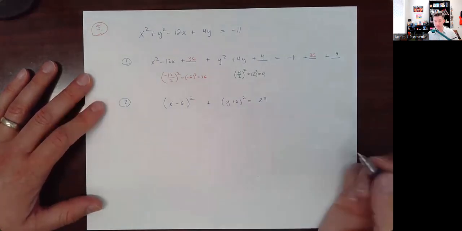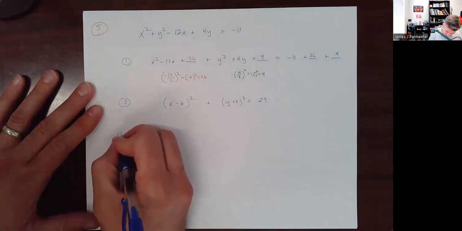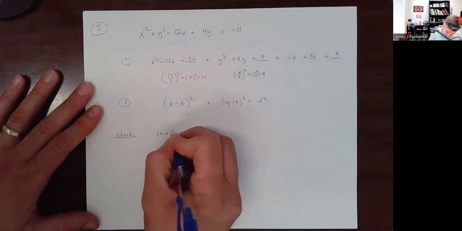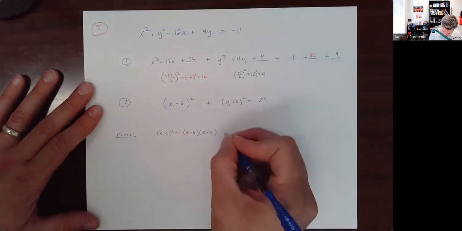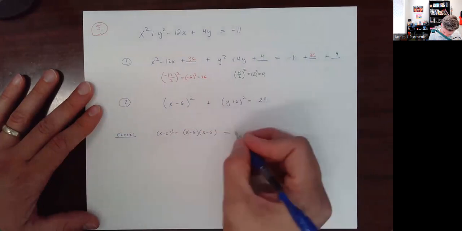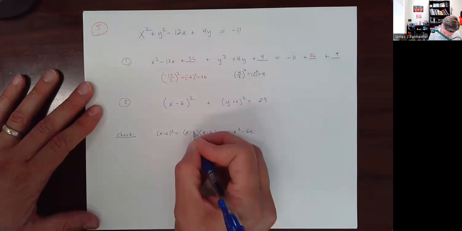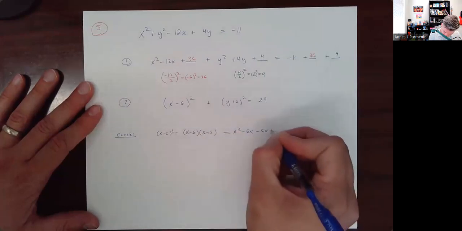Just in case you're not sure, a quick check before we say what the center is. x minus 6 squared is x minus 6 times x minus 6. If we FOIL that out, x times x is x squared, x times negative 6 is minus 6x, minus 6 times x is minus 6x, minus 6 times minus 6 is positive 36.